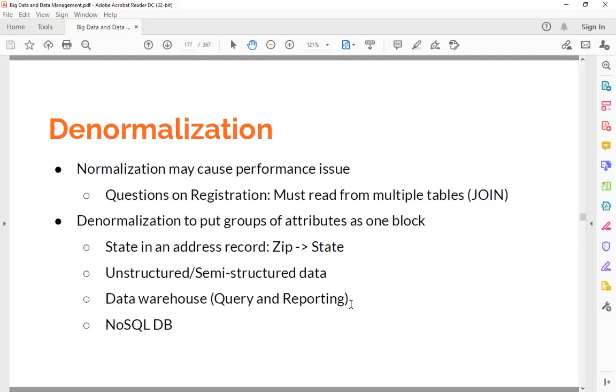But if you consider state, usually in the address table, state only takes two characters, or with a space between city and the state, then it's three characters.